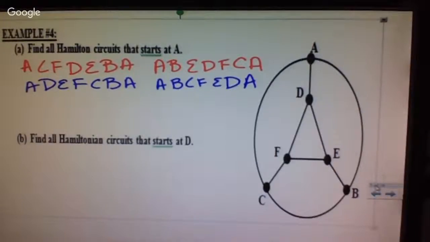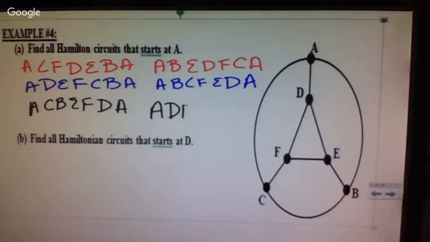So it would just be the same. Yes. There's only one more and it's the reverse. Can we find it? A, C, B, E, F, D, and A. Which means I can do A, D, F, E, B, C, A.